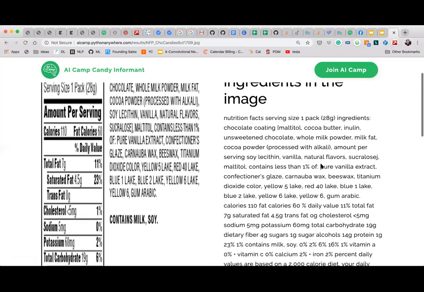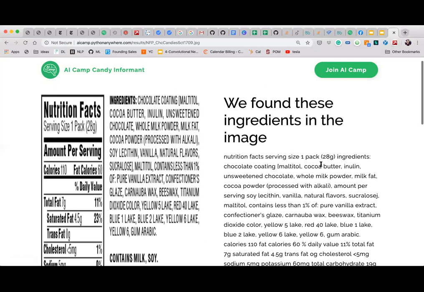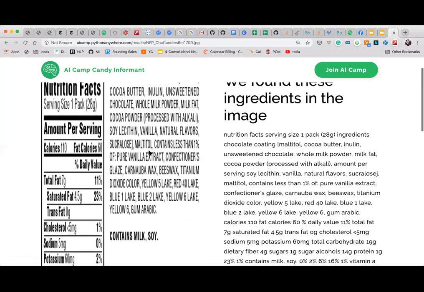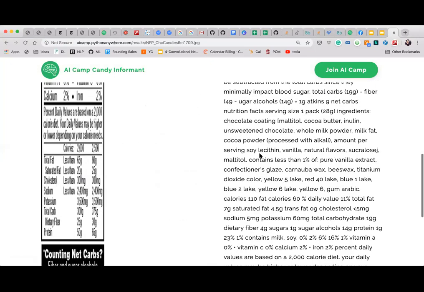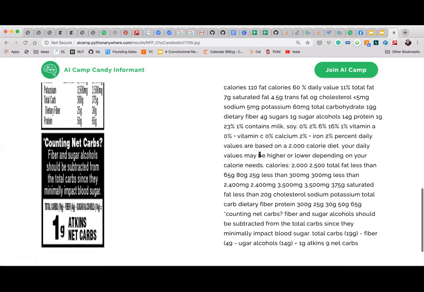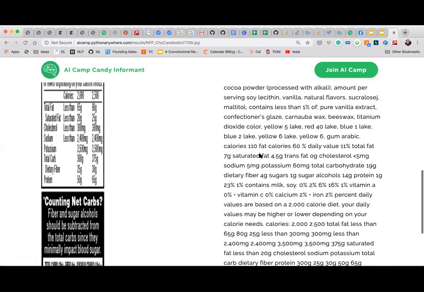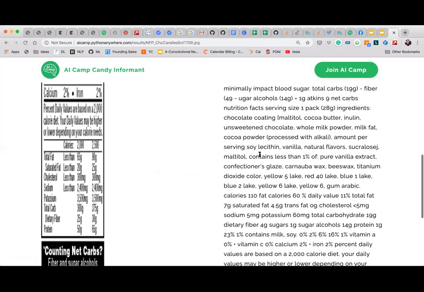So what you see here, I just uploaded this photo on the left, which is basically a food label, and then you can see all the text that we're getting back. Although this is not, for example, finding all the ingredients, I think we need a human in the loop. Then people can just say, oh yeah, here are the ingredients, let me copy and paste them in there, and then we can actually score this thing.